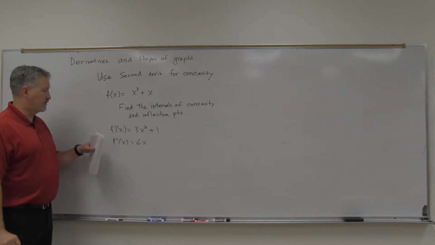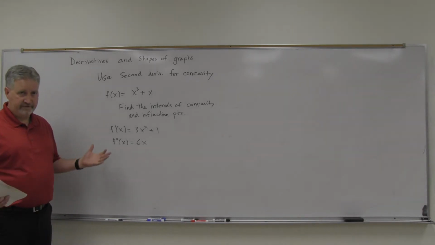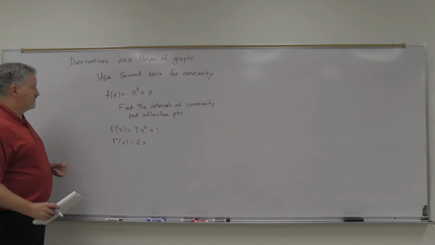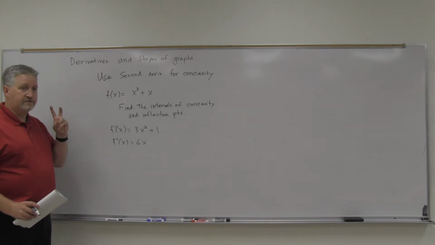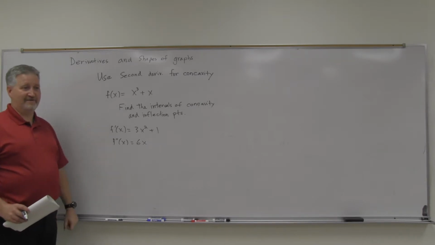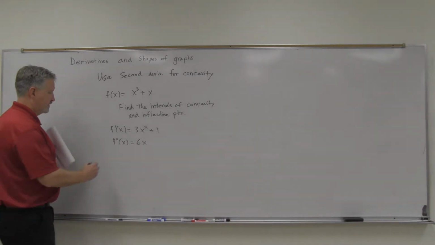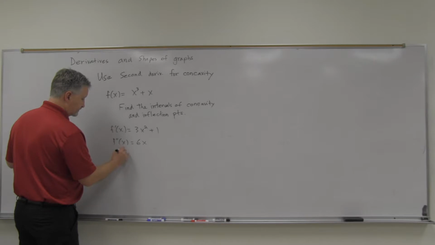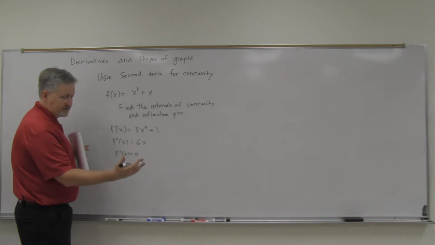So I'm going to do the very same thing that I would have done with the first derivative. I'm going to get the critical numbers, if you will, but I'm going to use the second derivative instead, okay? So I'm going to do f double prime of x equals 0 or does not exist.